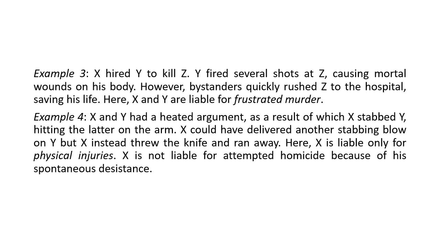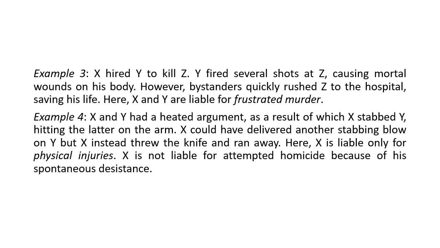Now, if you remember, there is an attempt when the offender commences the commission of a felony directly by overt acts and does not perform all the acts of execution which should produce the felony by reason of some cause or accident other than his spontaneous desistance.